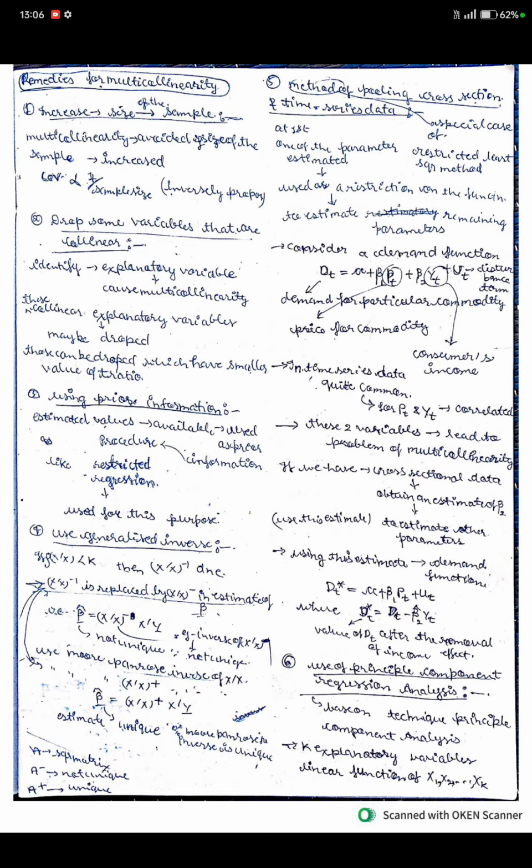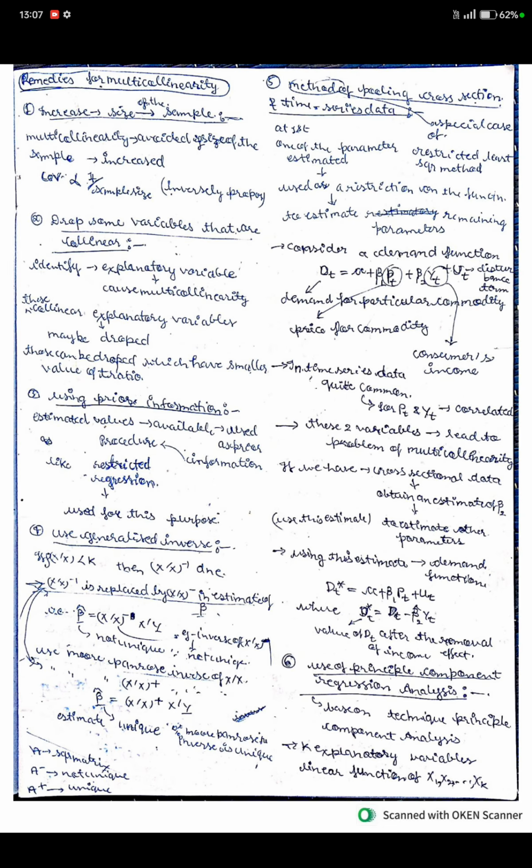Consider a demand function Dt equals alpha plus beta 1 Pt plus beta 2 Yt plus ut, where Dt is demand of a particular commodity, Pt is price of the commodity, Yt is consumer's income, and ut is the disturbance term. In time series data, it is quite common for Pt, the price of the commodity, and consumer's income to be correlated. These two variables lead to the problem of multicollinearity.